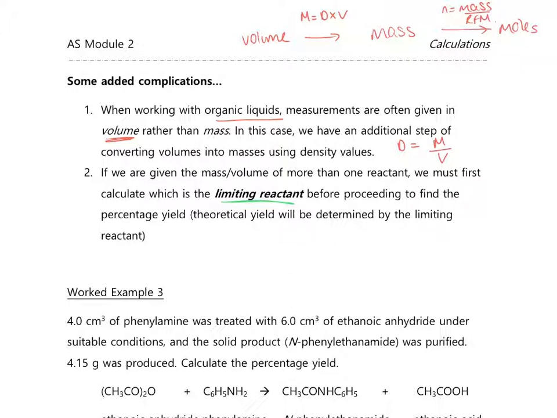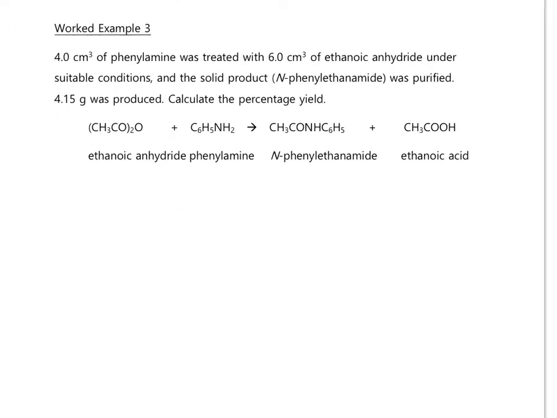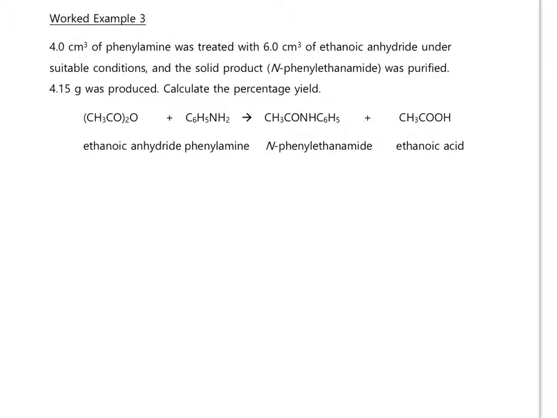So let's have a look at worked example 3 to put those into practice. So worked example 3 talks about, again, these organic liquids you may never have met before, but that's fine. We'll work with the values that we've been given. We've got phenylamine being treated with ethanoic anhydride to produce N-phenyl ethanamide.